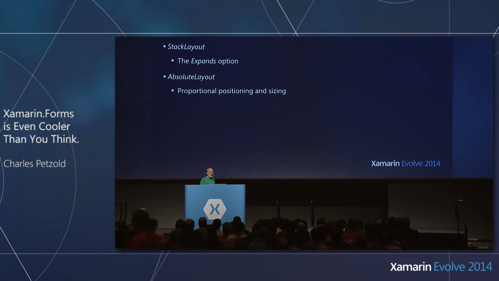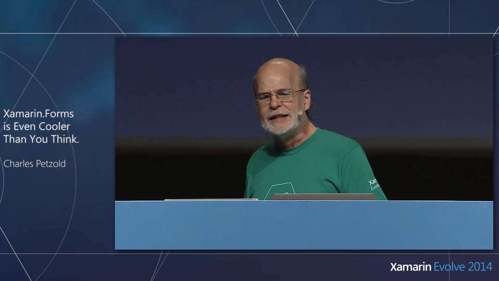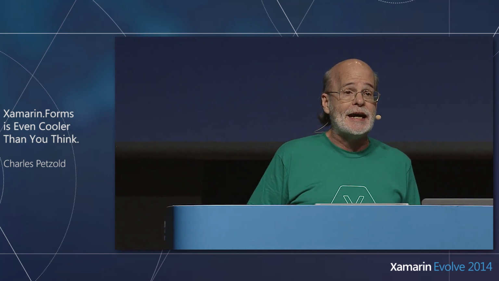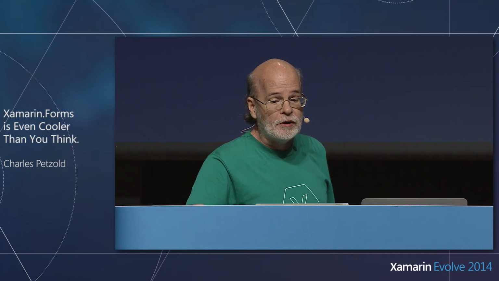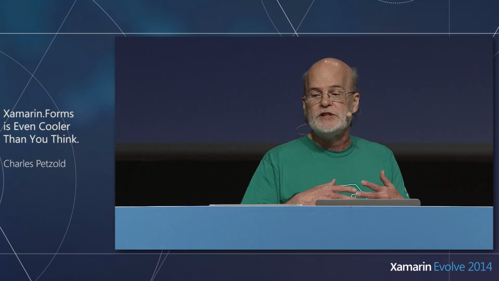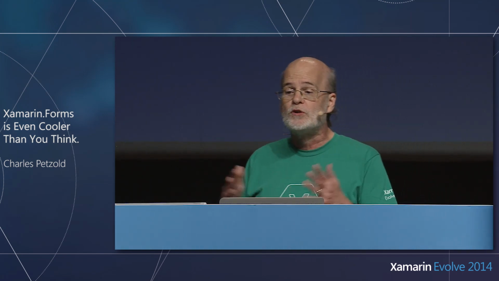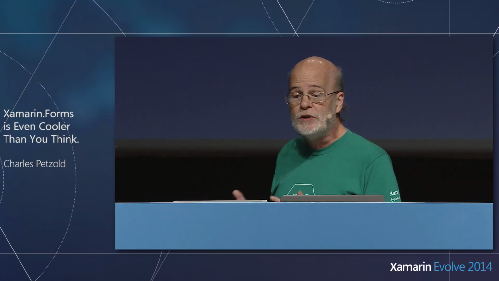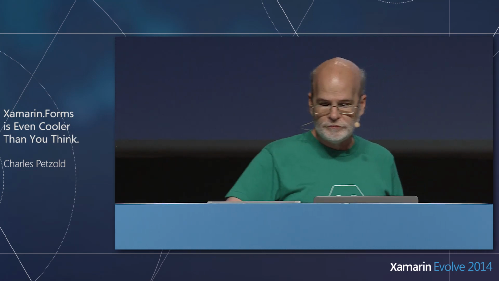And yet, the Xamarin.Forms implementation of absolute layout supports proportional positioning and sizing options that allow you to specify the position and/or size of the children relative to the absolute layout object. For example, a width of 0.25 gives your child a width of 1/4 the width of the absolute layout. And you specify values of x and y between 0 and 1 to position objects within the absolute layout.